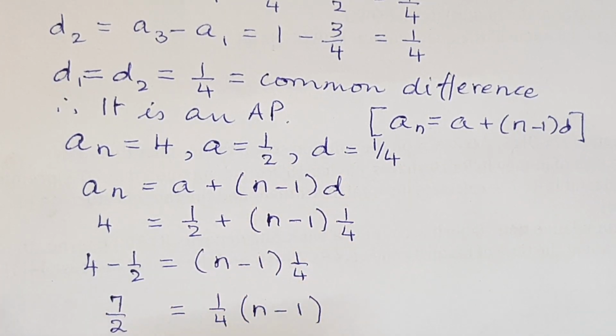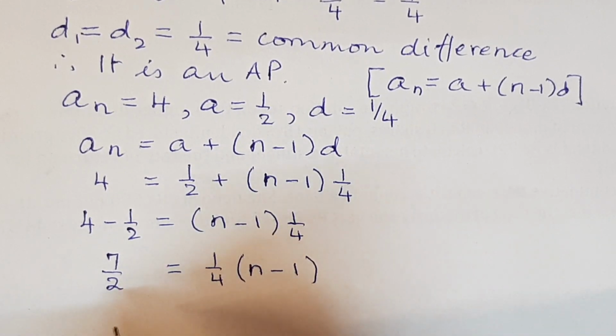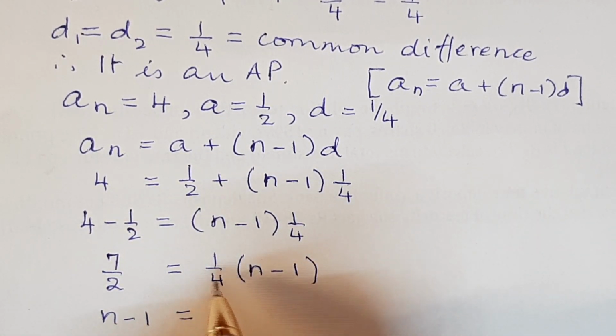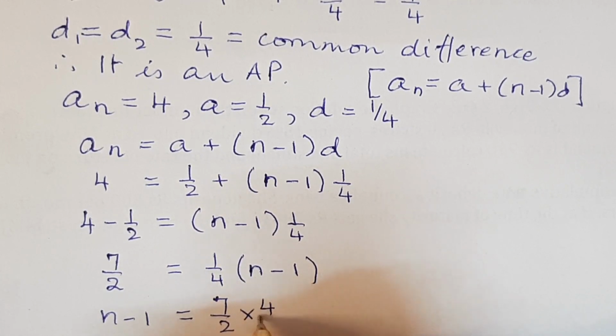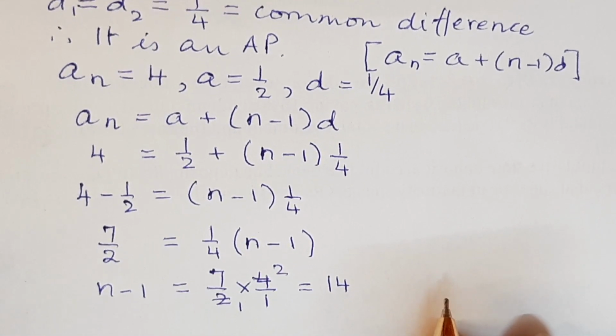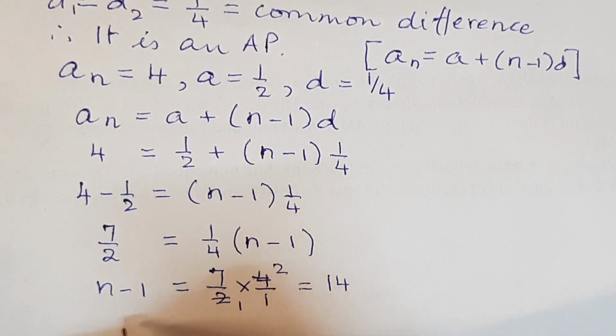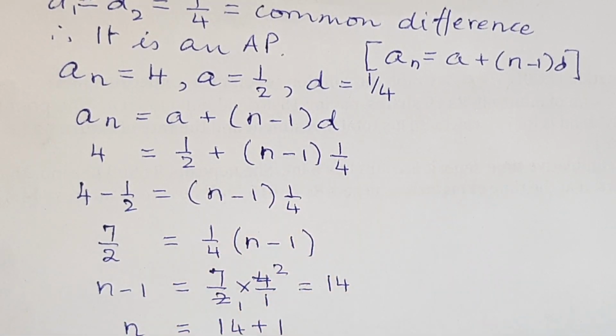And so we will have N minus 1 equal to, this 1 upon 4 comes the other side. So it becomes 7 upon 2 multiplied by 4 upon 1. 2 ones are 2 and 2 twos are 4. So that gives us 14. And therefore we will have N equal to 14 plus 1.